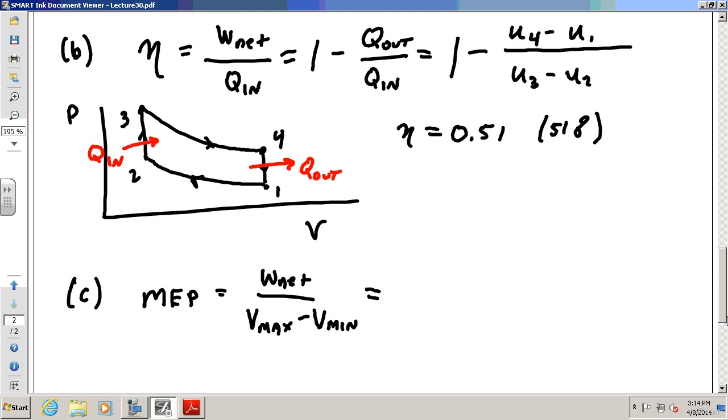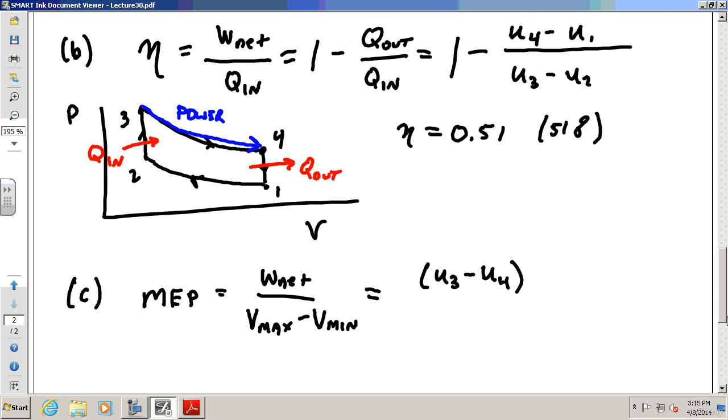Let me show them to you here visually on this chart. There's your power stroke. So what represents the power stroke? Well, that would be U3 minus U4. That's the work you get out, right? Because U3 has way more internal energy than U4. That's what you're getting out of this engine.